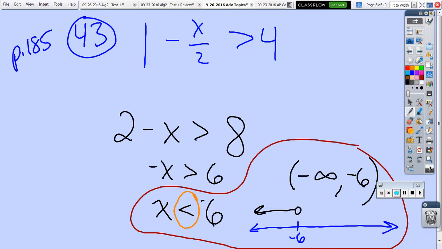Yep, I have to multiply both sides by -1. When doing that, it flips it. So x is less than -6. Here it is graphed on a number line, and here it is in interval notation.